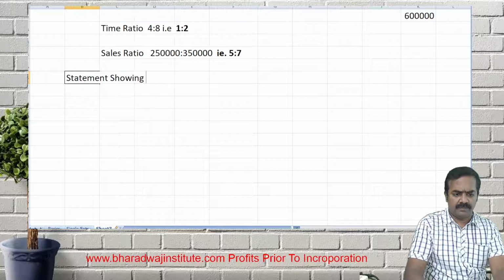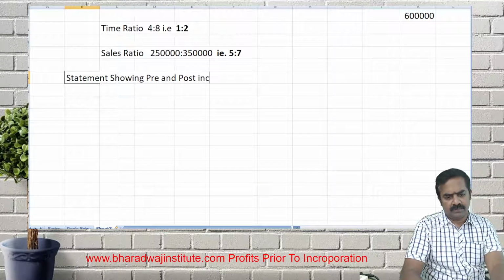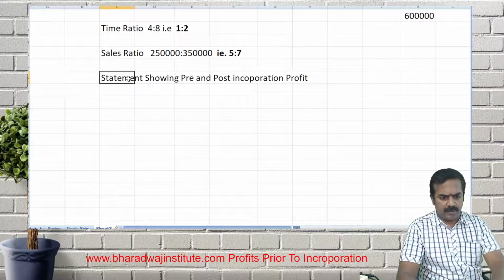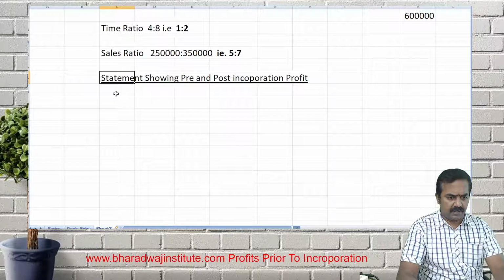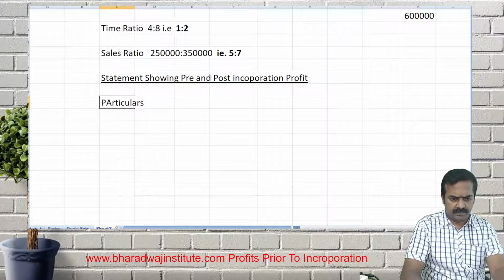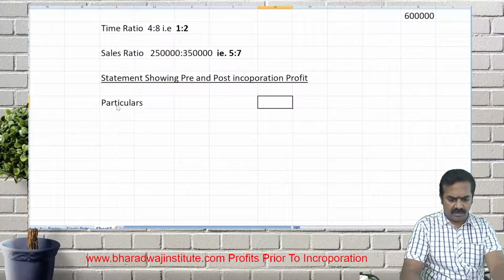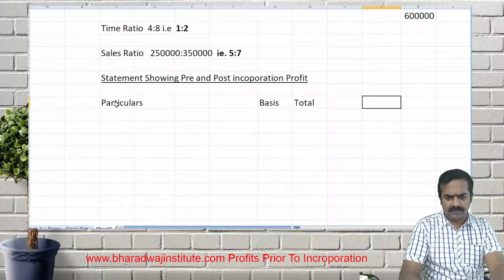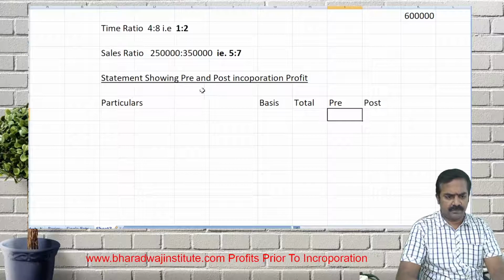Statement showing pre and post incorporation profit. Maintain columns like particulars, a lengthy column, then basis, total, then pre-incorporation, post-incorporation.